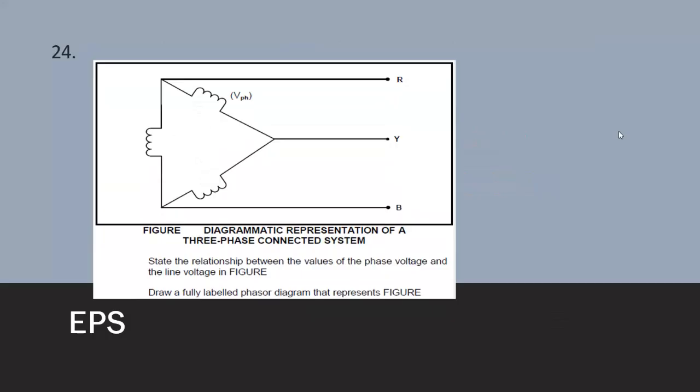Question 24. The questions are at the bottom of the diagram. State the relationship between the values of the phase voltage and the line voltage in the above figure. Draw a fully labeled phasor diagram that represents what's going on in that figure.